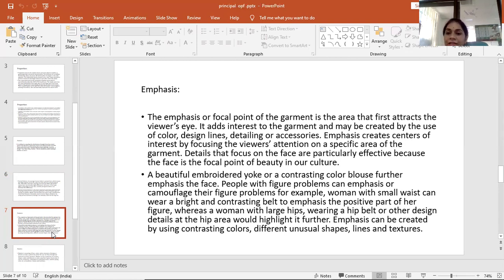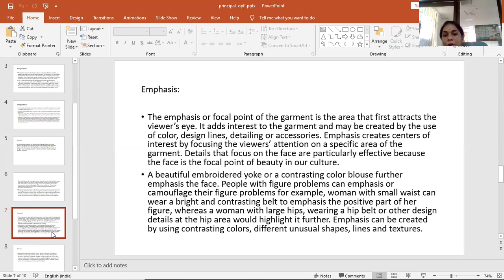Emphasis creates centers of interest by focusing the viewer's attention on a specific area of the garment. Details that focus on the face are particularly effective because the face is the focal point of beauty in our culture. A beautiful embroidered yoke or contrasting color blouse further emphasizes the face.